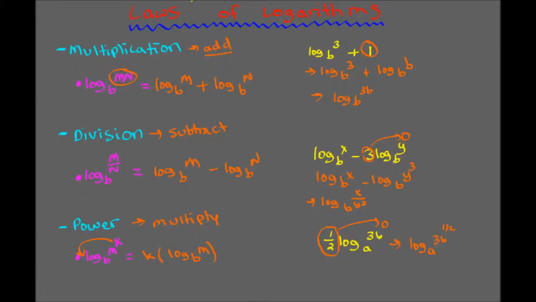To simplify this even more, we know that something to a fractional power means that we're going to take some kind of root, and the 1/2 power means that we're going to take the square root of the number. So we have log base a of the square root of 36, and the square root of 36 is 6. So this becomes log base a of 6, and that is our final answer.